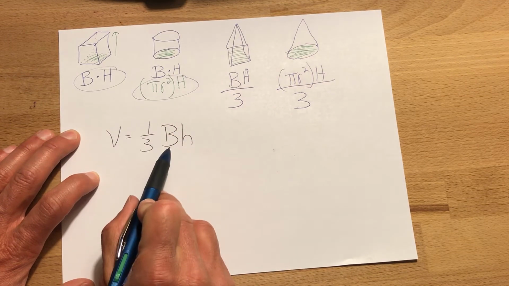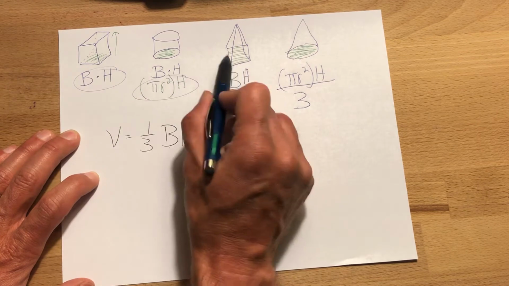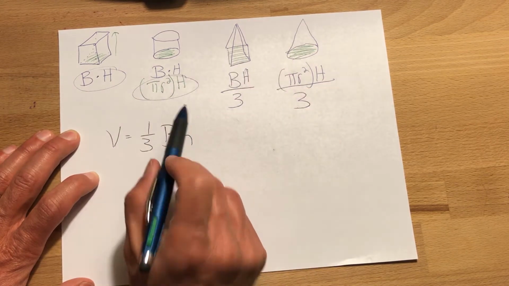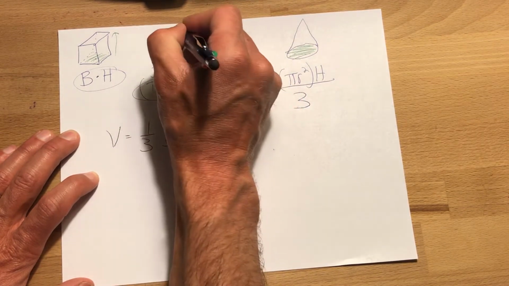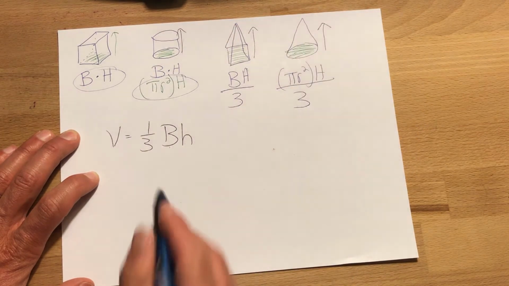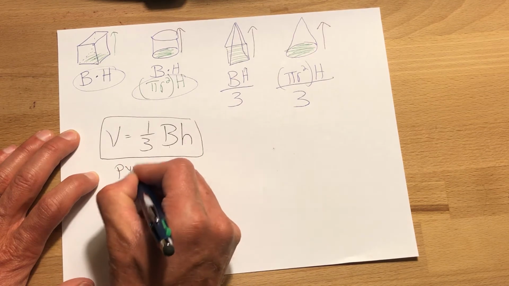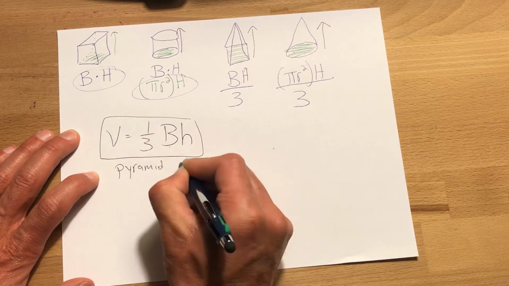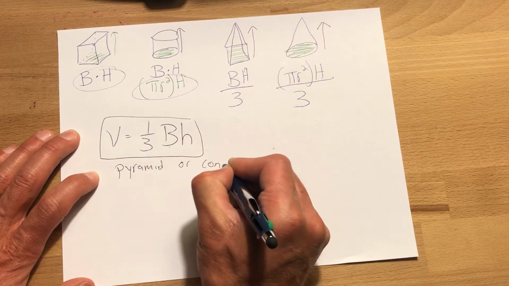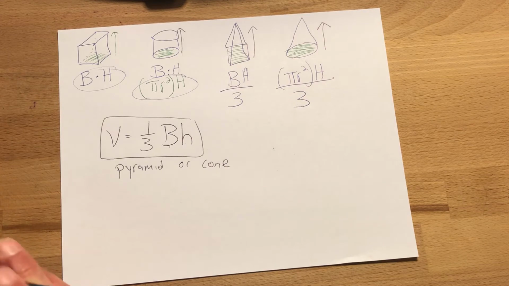Now, the reason why this is capitalized is because this is the area of the full base, and the height is one-dimensional, how high it goes. This is the formula for any type of a pyramid or a cone.